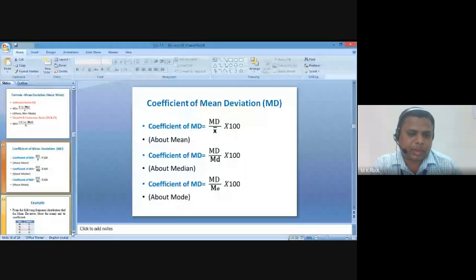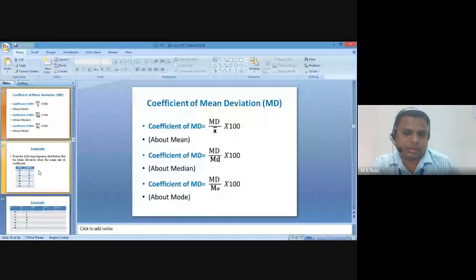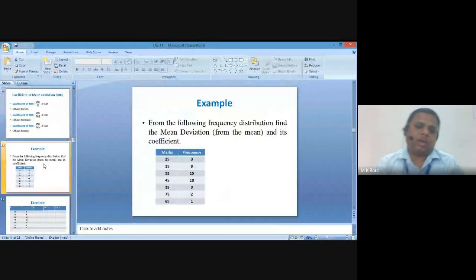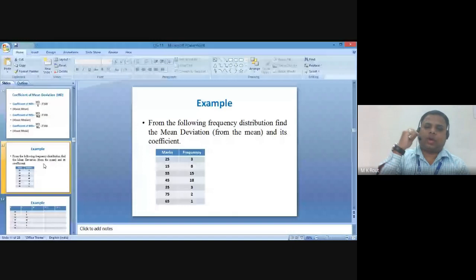So next, move to solve a particular example belonging to this particular method. From the following frequency distribution, find the mean deviation about the mean and its coefficient. I repeat, from the following distribution, find the mean deviation about the mean and its coefficient.